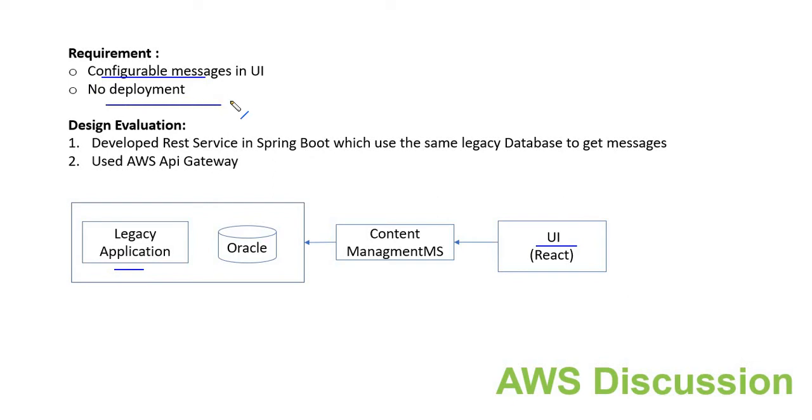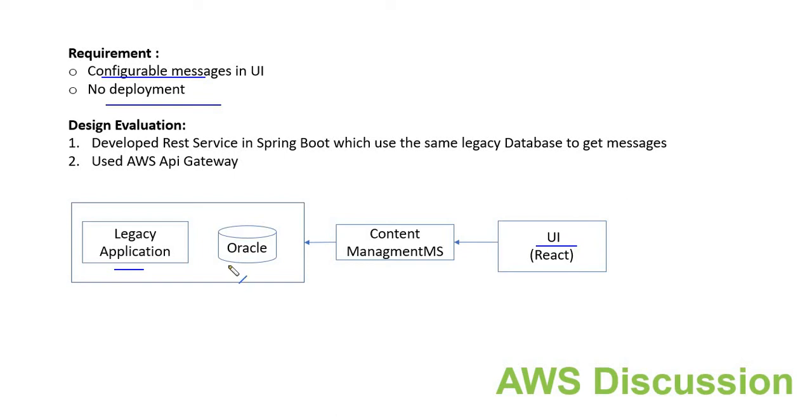We had a similar requirement already in the legacy world, where in the JSP we display some messages which are configurable. So we already have a framework in the legacy world. If there are any configurable messages in the JSP, we get those values from the Oracle database.